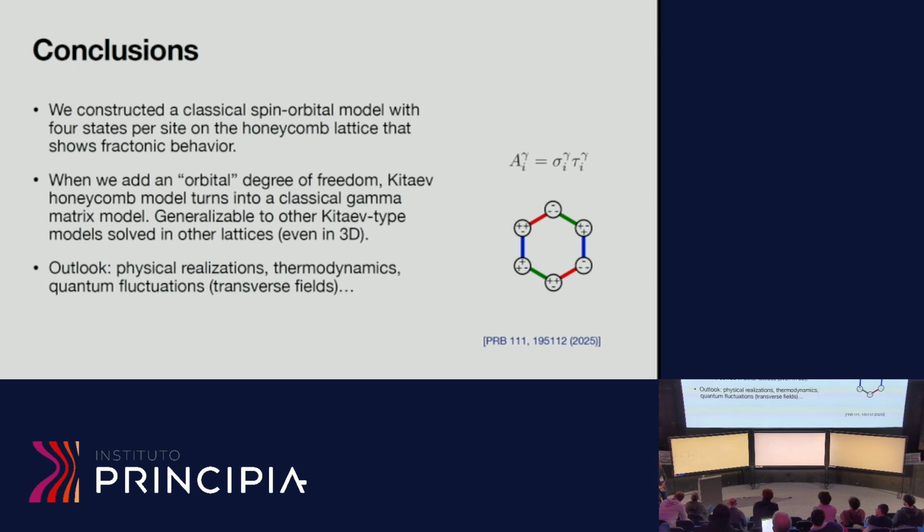Something I would like to understand better is the effective gauge theory for this simple classical model, which I didn't talk about much. We did it for the original model, which is not fractonic, mapping to gauge fields and discussing the gauge transformations there.